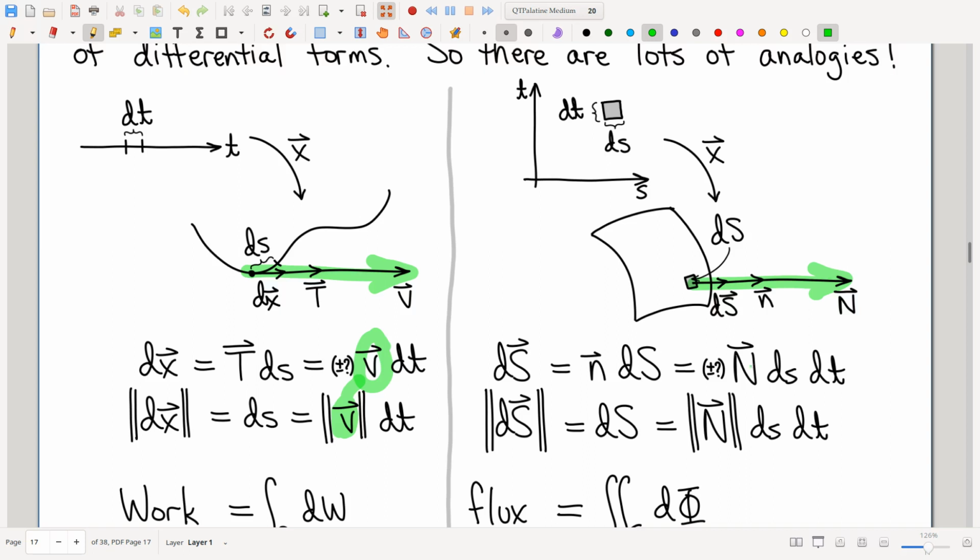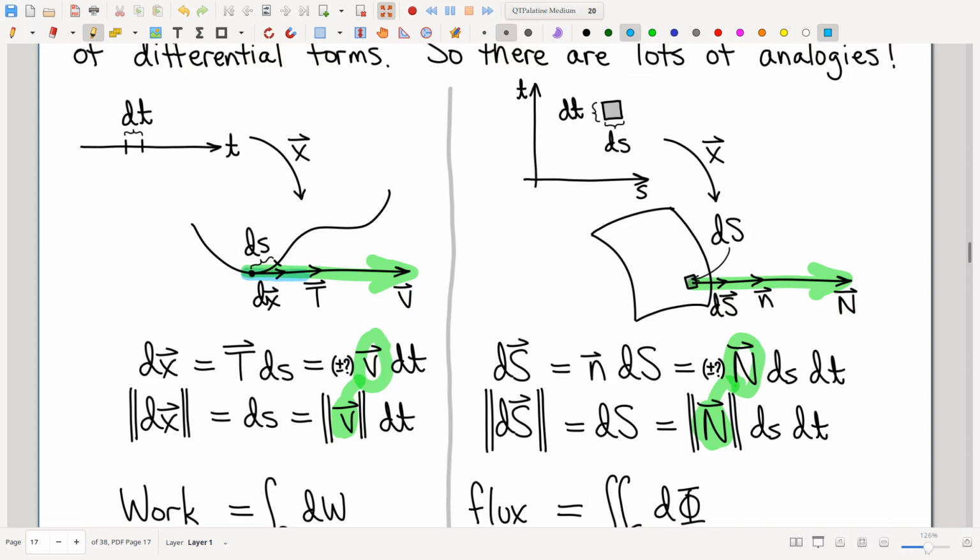And check it out, it too either is or isn't pointing in the correct direction, depending on which way you parameterized, and it too is the thing whose magnitude is our stretching factor. Whoa, weird. Right? That's surprising.